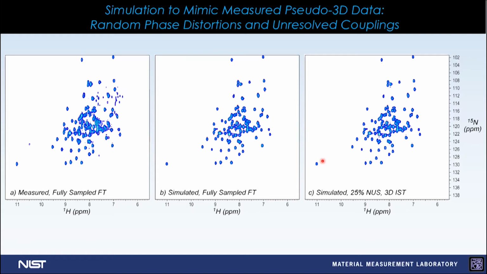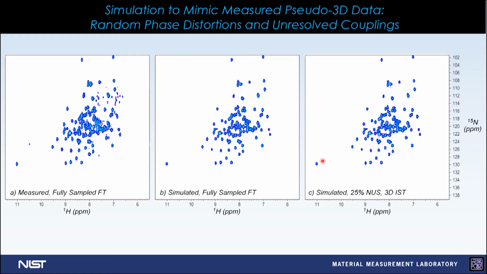And these simulations include random phase distortions and random unresolved couplings added to each peak to try to make the simulations as realistic as possible. And these simulations are created in a time domain at the same digital resolution as the measured experimental data. And they include synthetic solvent signal.